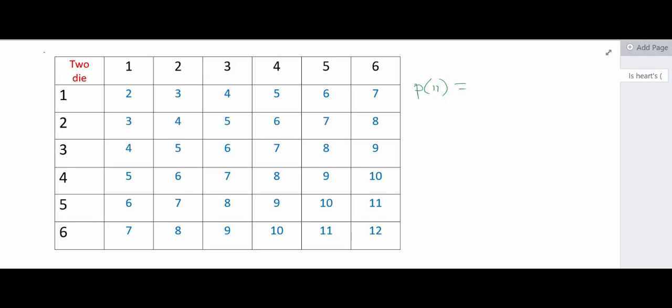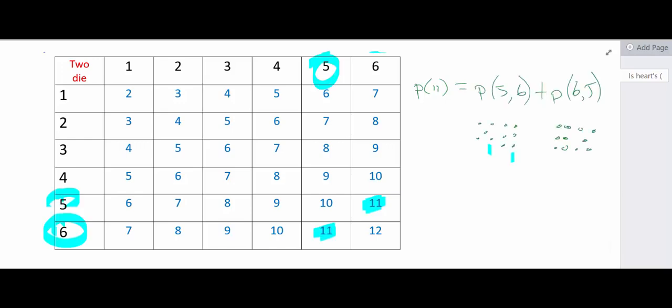So what's the probability of rolling an 11? Well, looking at our sample space, there's two ways you can make 11. You can either roll a 5 and a 6 or a 6 and a 5. The probability of rolling an 11 then is the probability of rolling a 5 followed by a 6, which is 1 in 36, plus the probability of rolling a 6 followed by a 5, which is also 1 in 36, because you can get an 11 this way or that way.